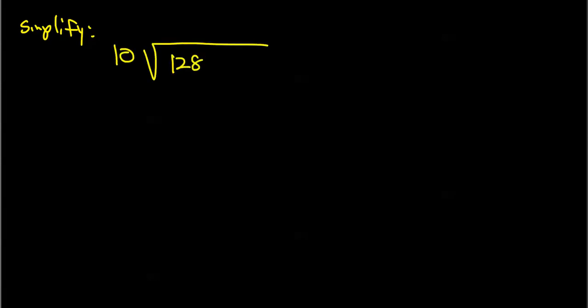Alright, how about something a little harder? Simplify the following radical expression: 10 times the square root of 128 a to the 5th power. Alright, so what I'm looking for here, this is a square root, so I'm looking for perfect squares buried inside that radicand of 128a to the 5th. 128 is not a perfect square, but it is a multiple of 64, is it not?